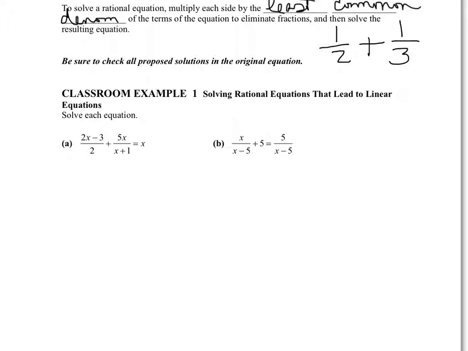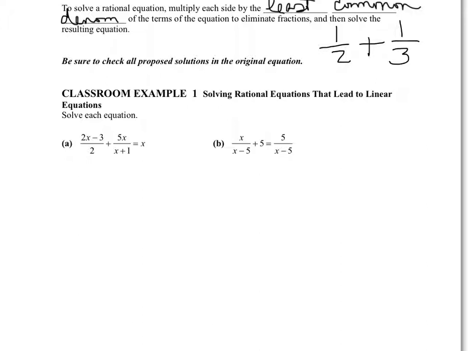The next thing I want to ask myself is, would there be a common factor for these two denominators? Is there anything other than 1 that would divide into each evenly? And there's not. 1 is going to be the only common factor. So if they don't match and they don't have any common factors, I would simply multiply them together to get my LCD.